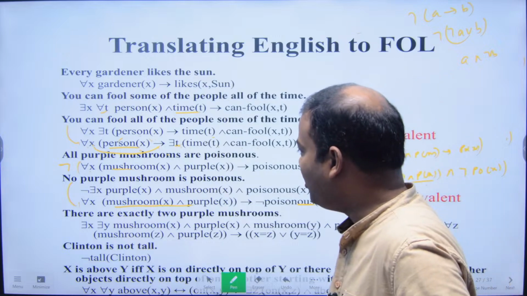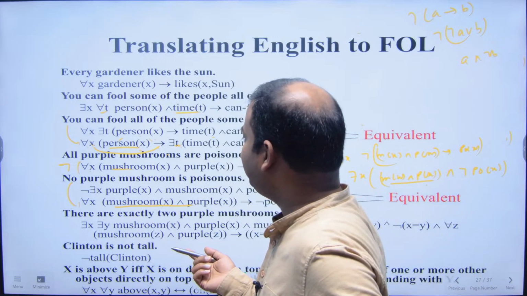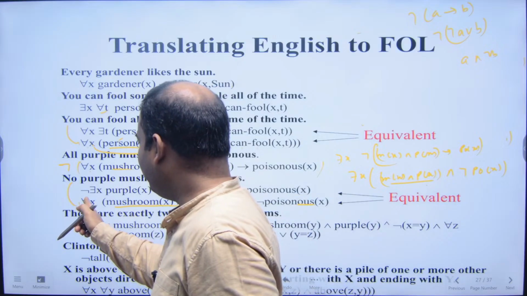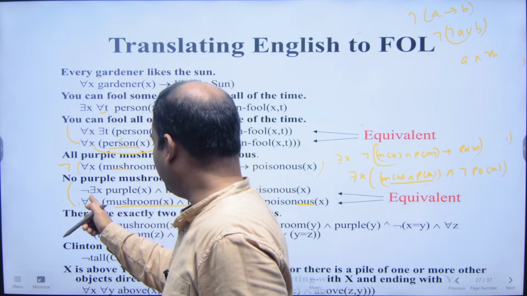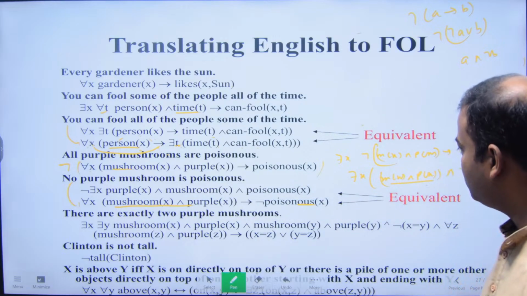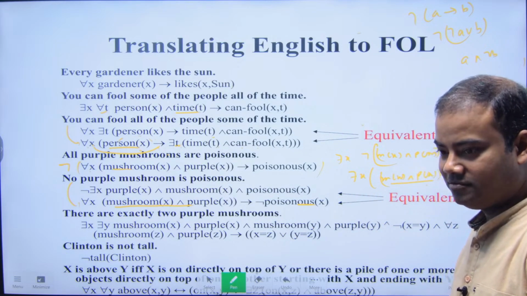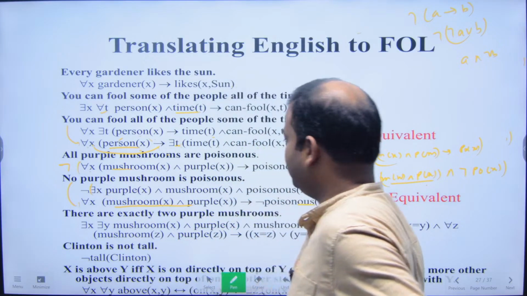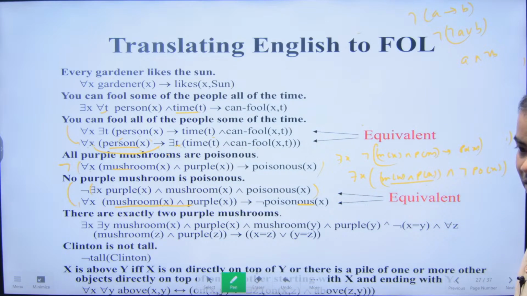Okay. So what is the easy way to do that? Again the same thing: for all x, we convert it into there exists, and then not of this, so this will be this one. Both are the same thing.